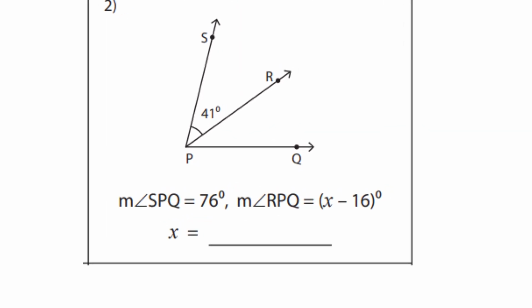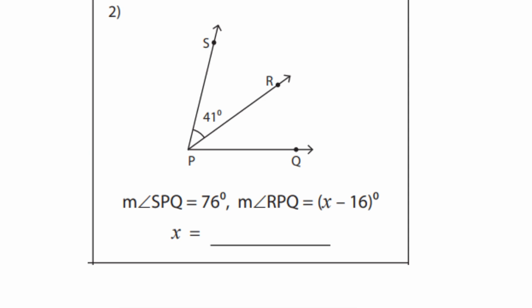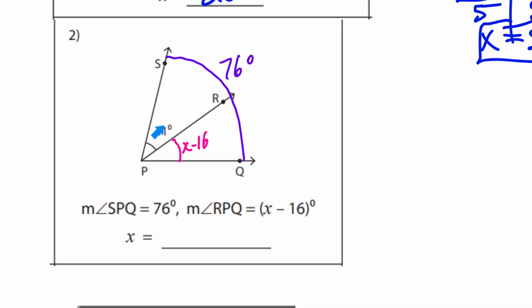Okay, on this one, it says angle SPQ, so the big angle here is 76 degrees. I know that because it says it right here. So SPQ is 76. And it says RPQ is x minus 16. So that's from here to here is x minus 16. So what I know is that these two smaller angles are going to add up to equal the measurement of the big one.